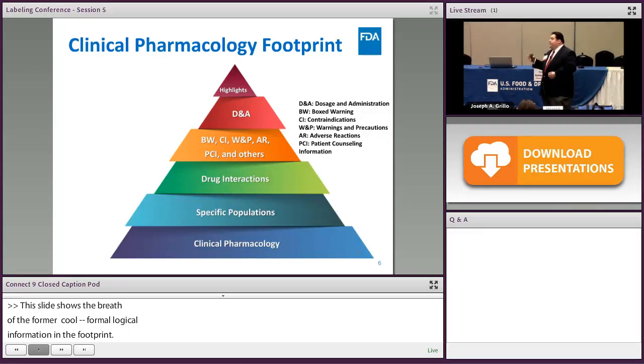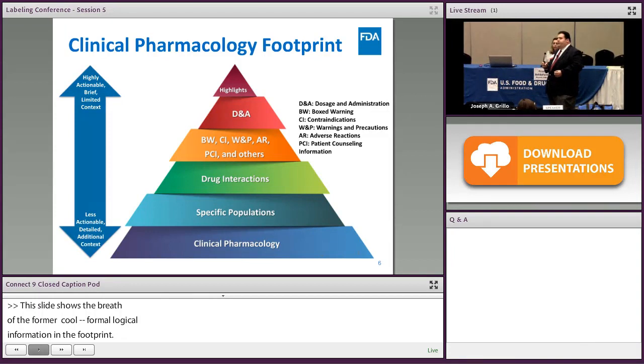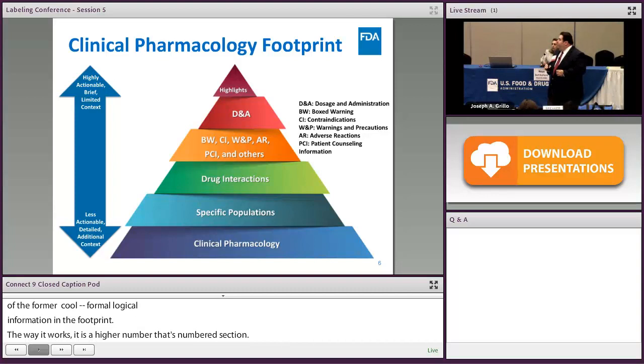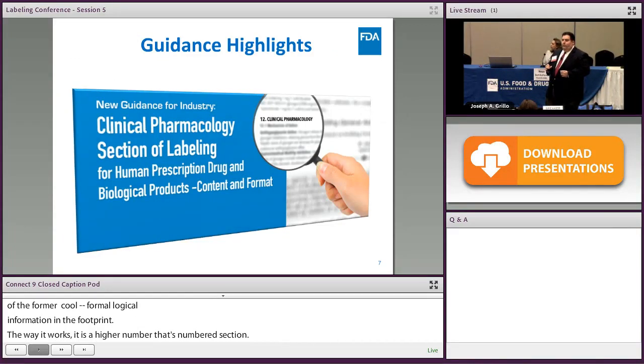So it would inform specific populations, drug interactions, dosing and administration, some of the risk-related sections. And really the way it works is, since it's a higher numbered section, there you would find the details of studies, and it informs the actions that you would find in the lower numbered sections.